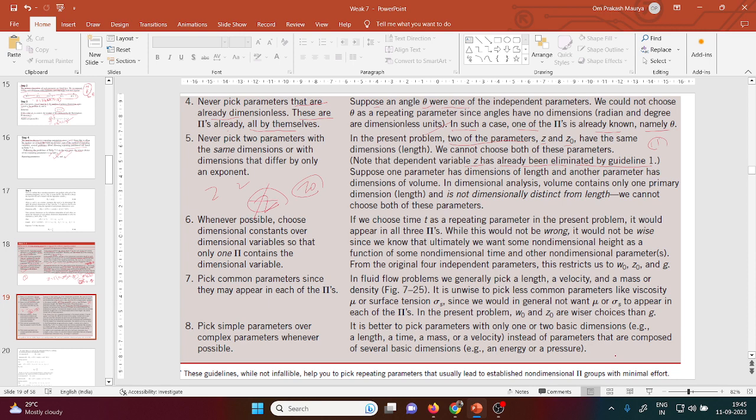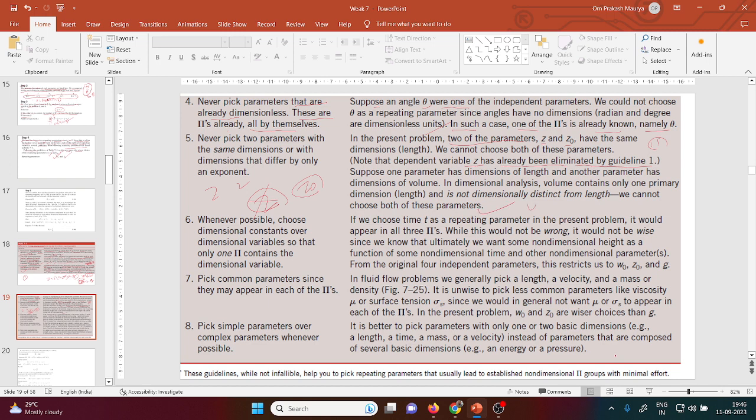So suppose one parameter has the dimension of length and another parameter has the dimension of volume. In dimensional analysis, volume contains only one primary dimension, that is length, and is not dimensionally distinct from length. We cannot choose both of these parameters.